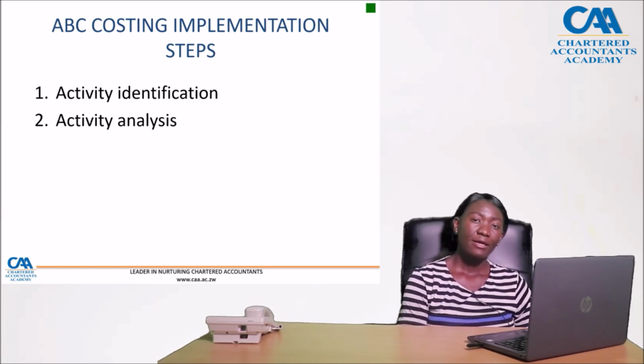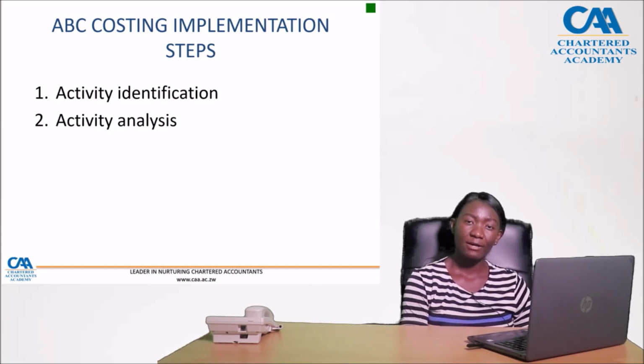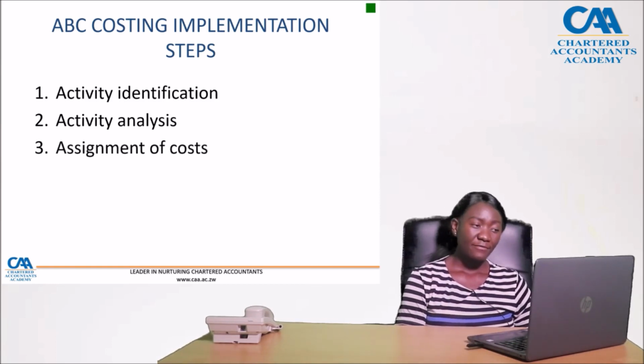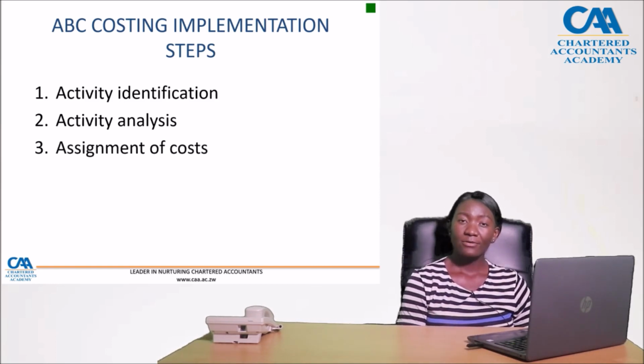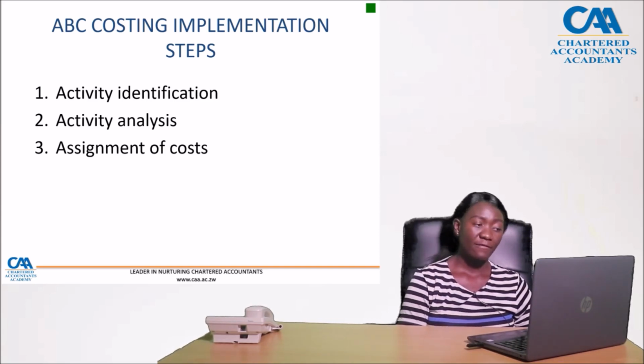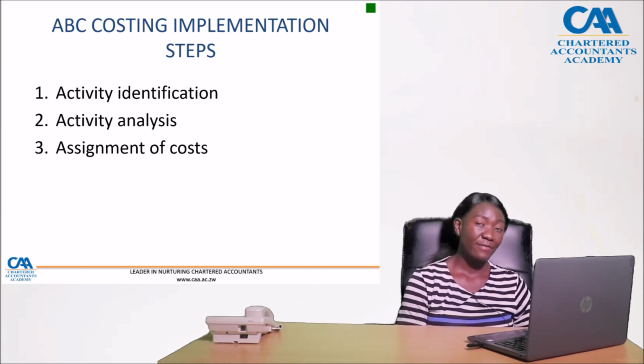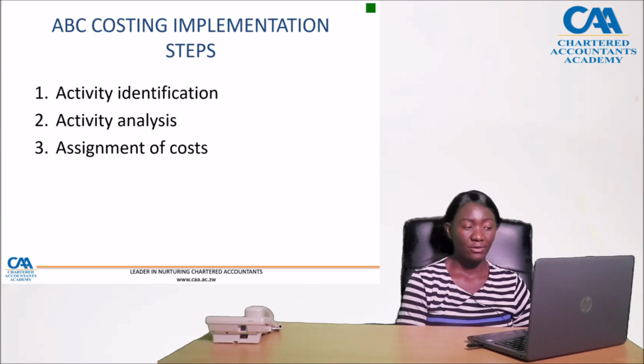For example, in ordering, I can say what drives my ordering cost is the number of orders. After I have established my cost driver, I now need to assign costs using the cost driver. So I've identified my activity, I've analyzed it, I now have my allocation basis, which is my cost driver.